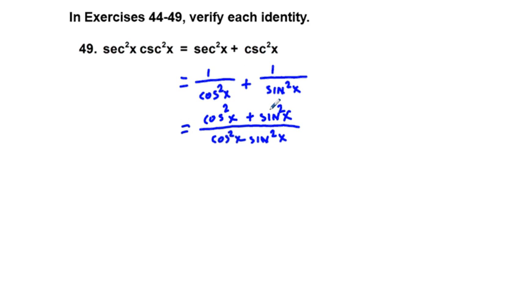I think I should have written it as sine squared x plus cosine squared x, but this operation we can make by getting a common denominator. Well, what we can do is rewrite this numerator here, cosine squared x plus sine squared x, as 1. So we have 1 over cosine squared x, sine squared x.